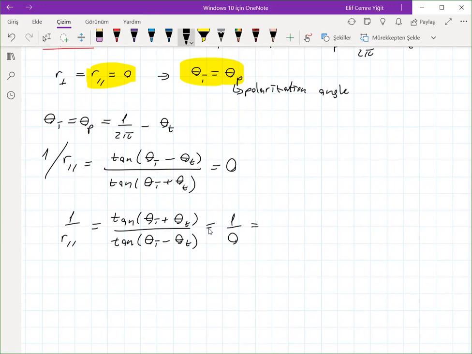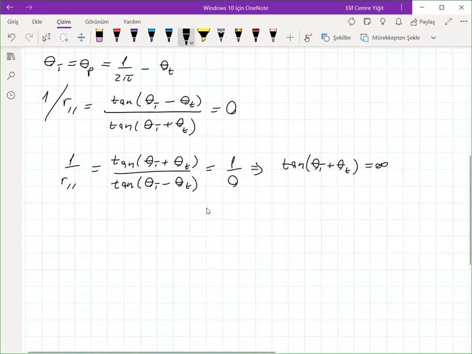So this will give tangent of theta incidence plus theta transmittance going to infinity. At this point, we need to consider for what value of the angle the tangent is infinity. And the answer will be pi over 2, of course.